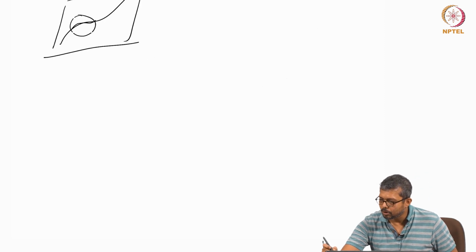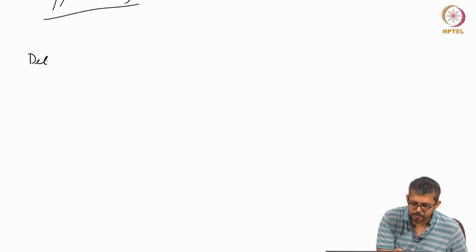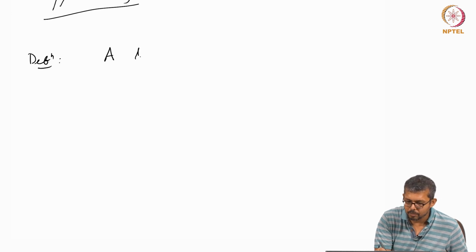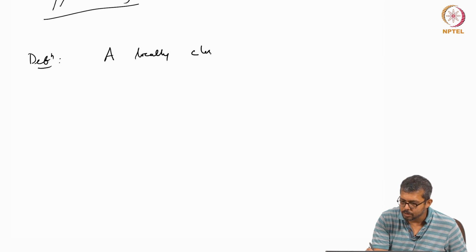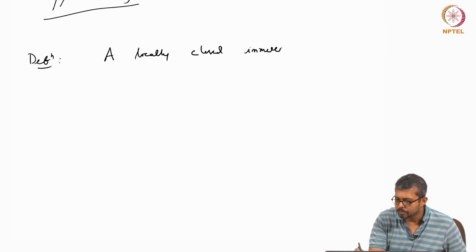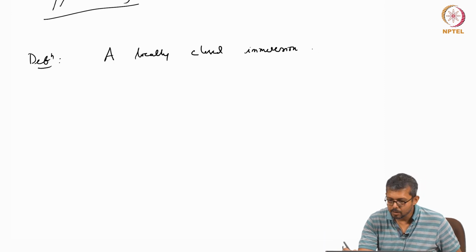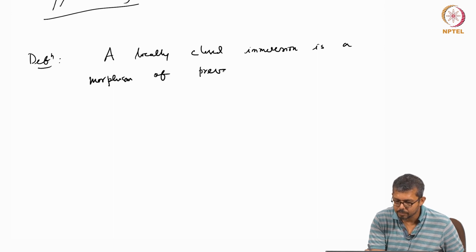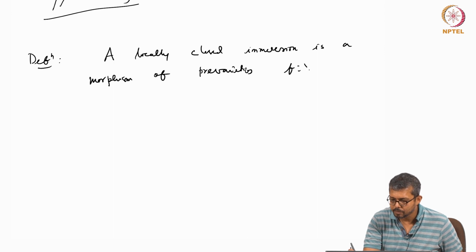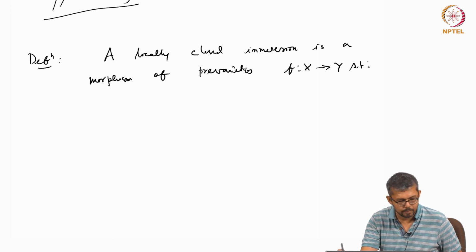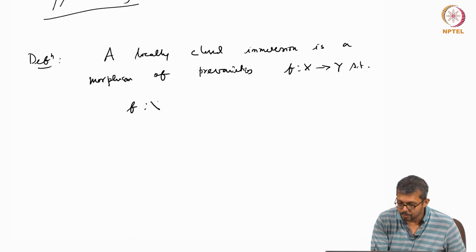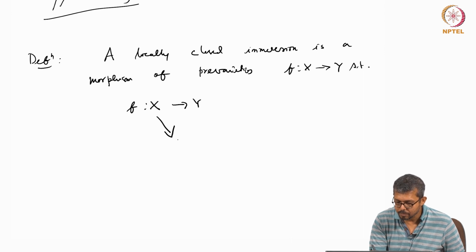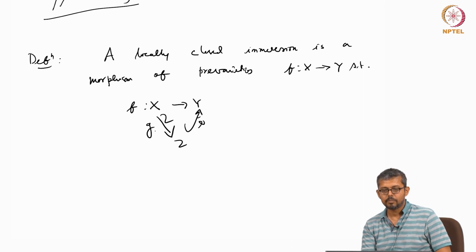Okay, so now following definition, a locally closed immersion is a morphism of pre-varieties such that... So what does it mean?